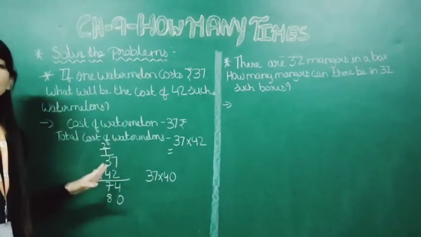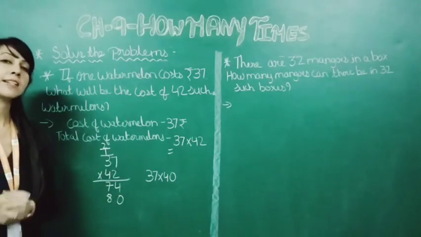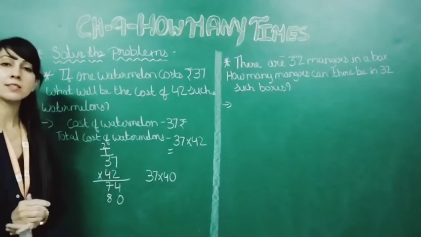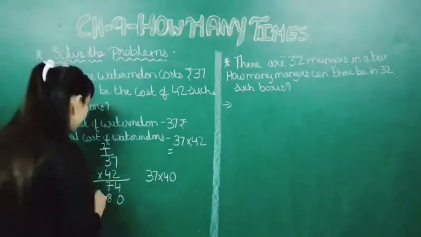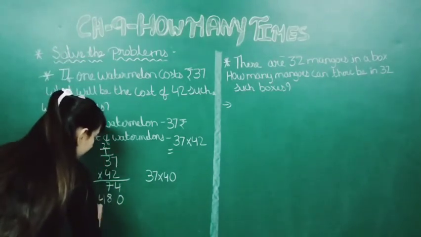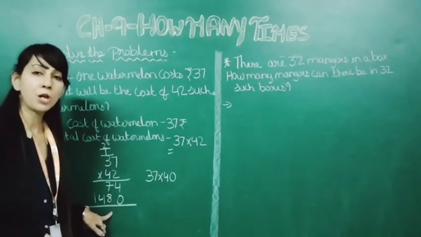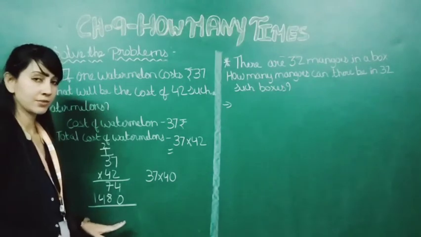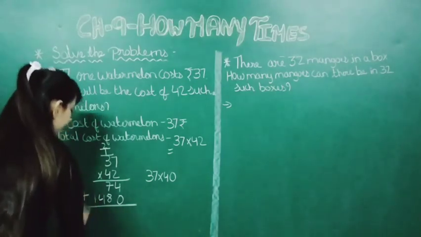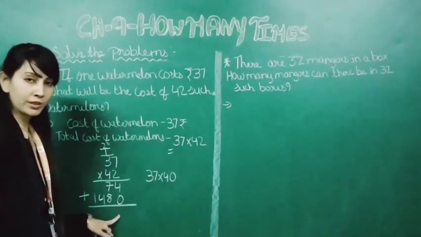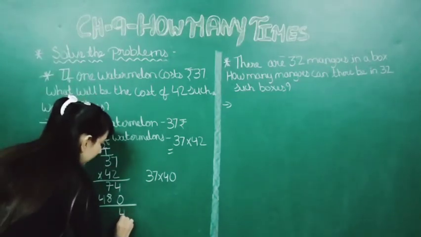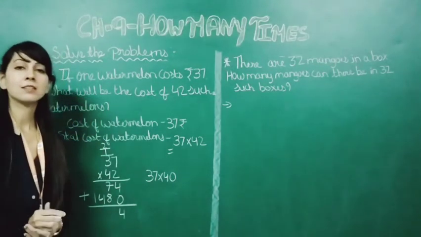Okay. Now 4 threes are 12. 12 plus 2 is 14. So here we will write 14. Now we got our second partial product. Now we will add this. Now here it will come 4 only. Now 7 plus 8 is 15.